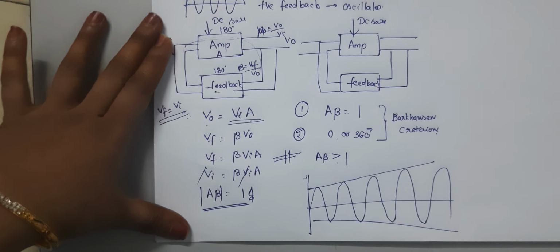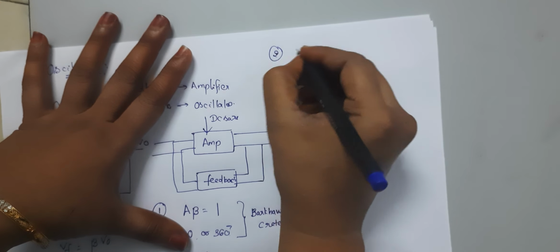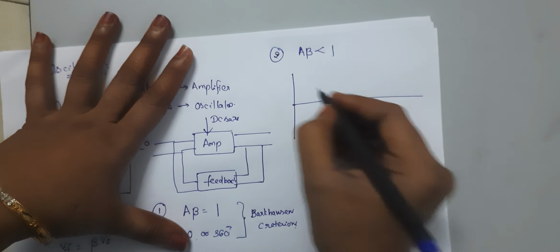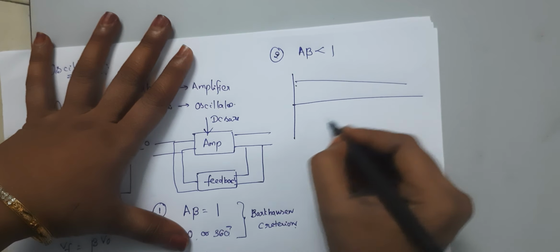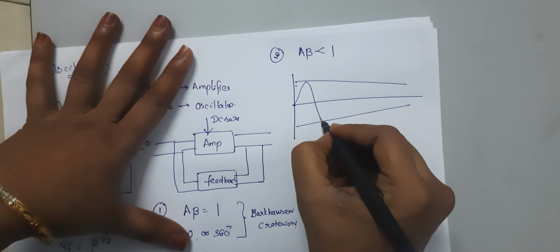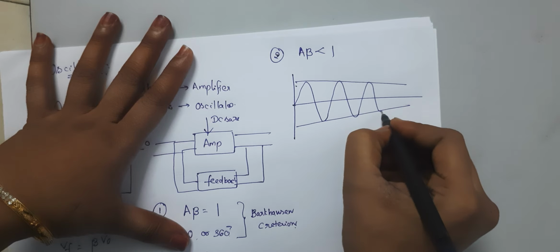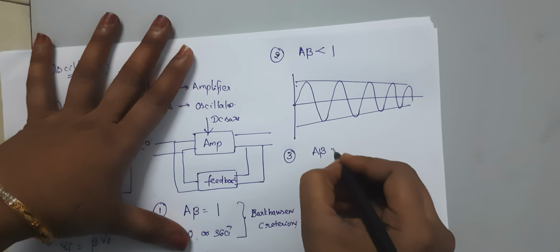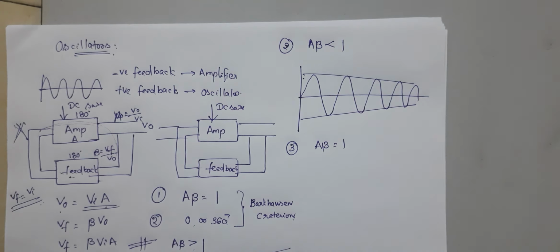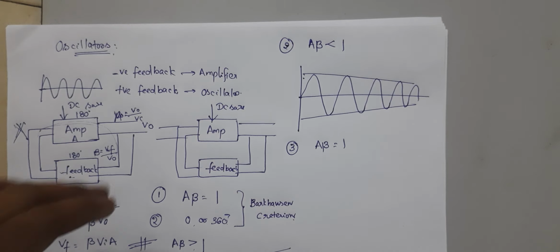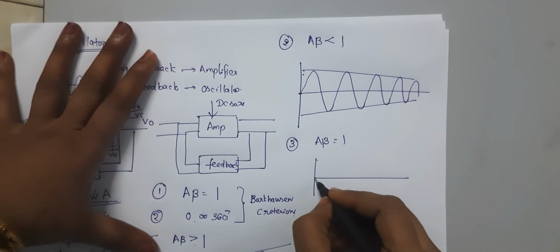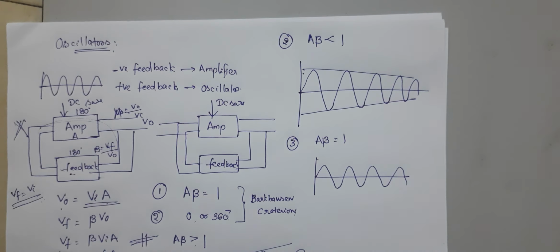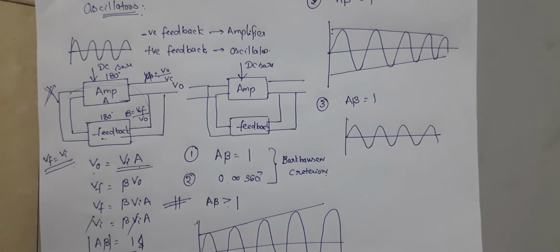When A beta is less than 1, the oscillations are decreasing type. And in the third condition, when A beta is equal to 1, we get sustained oscillations. So this is the introduction about oscillators.